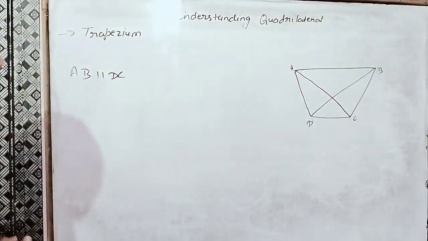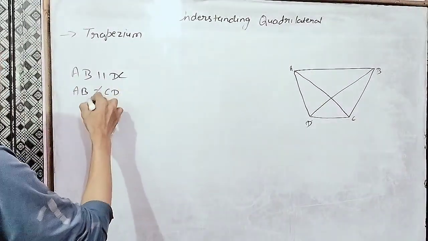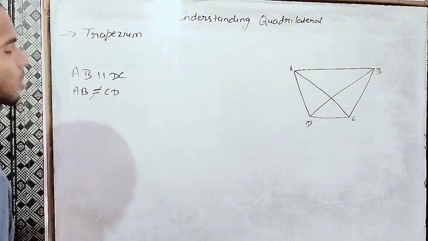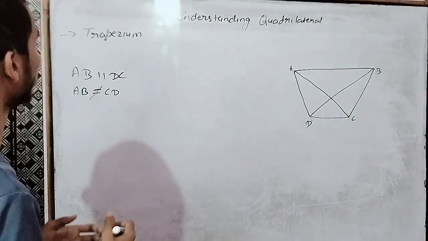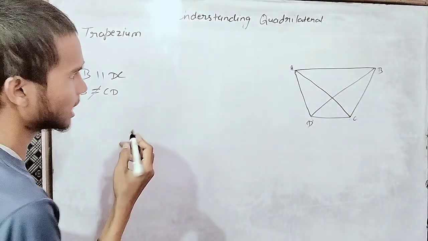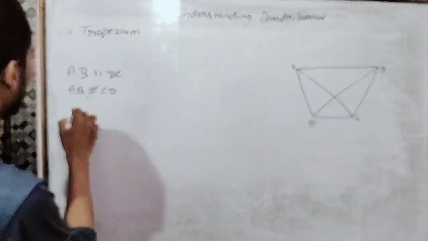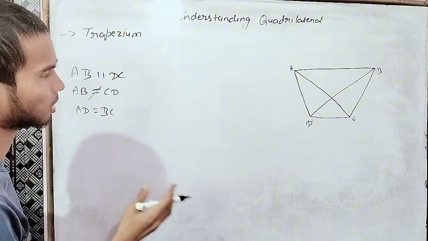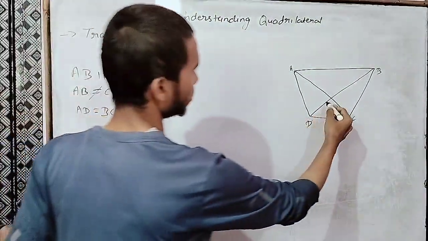Now, can you also say that the value of AB equals CD? No. From this figure, we can't say that AB has the same value as CD. It is impossible. Here there is a twist.